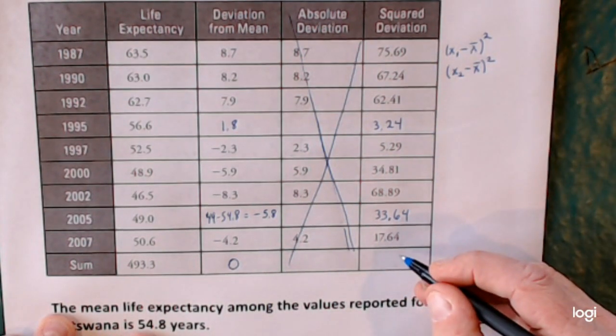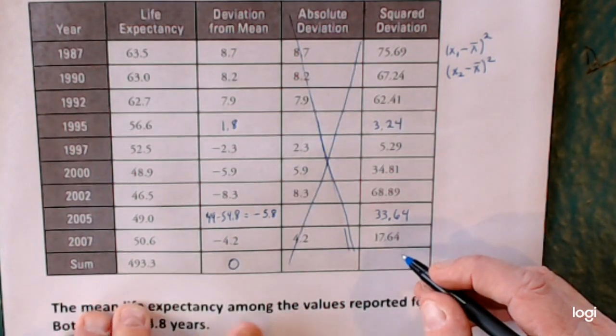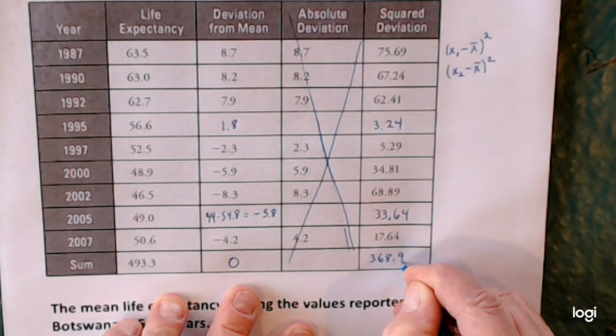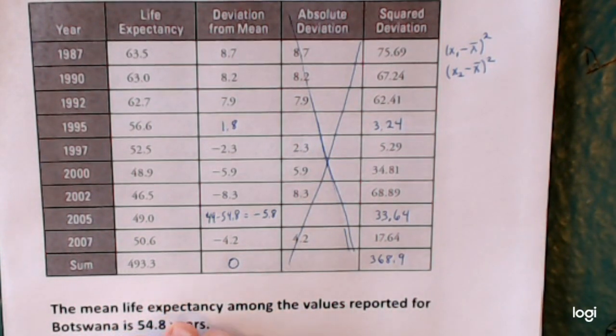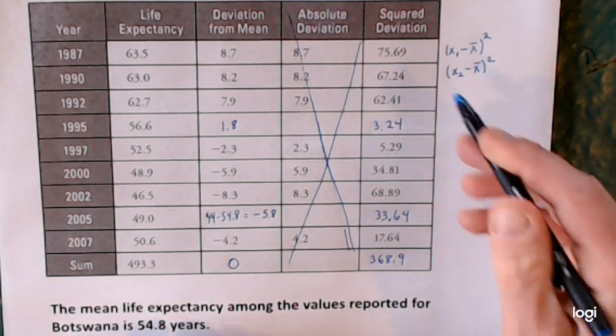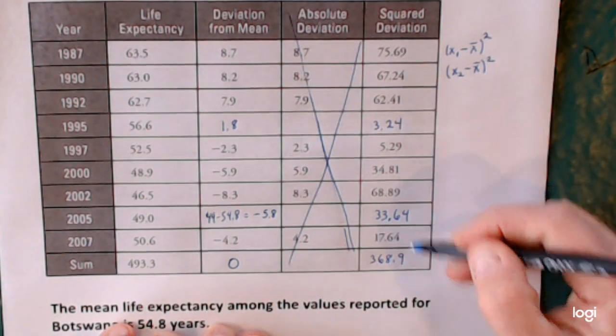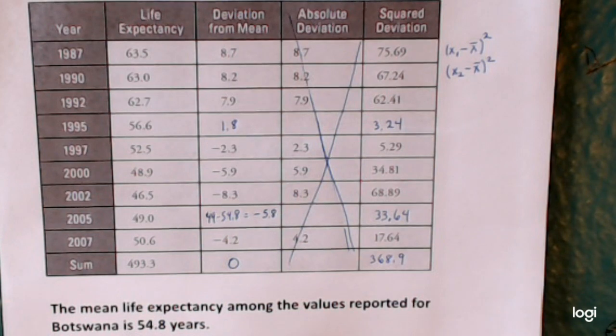We'll add them up, and when we add them up, we get 368.9. Now we could average them, and we almost average them. But to average them, we would divide by 9. For various statistical reasons, we don't divide by 9, we divide by 8.